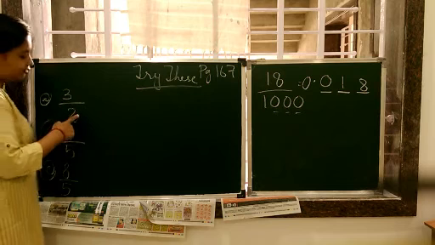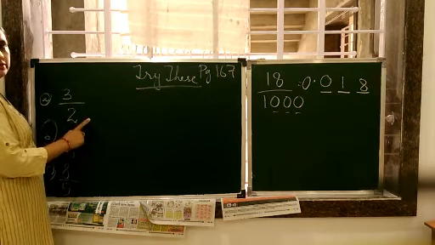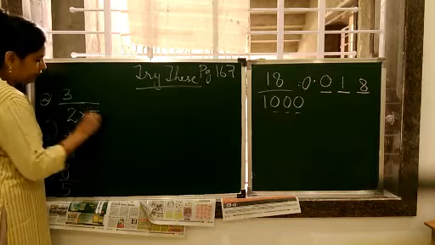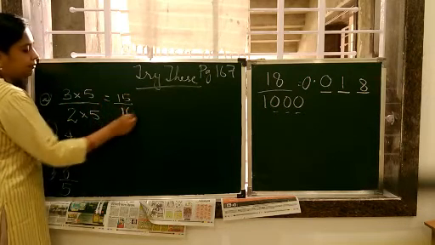So we multiply, what should we multiply here to make it a 10? We multiply by 5. So this comes out to be 3 5s are 15 by 10.